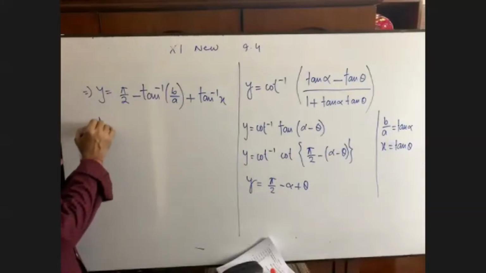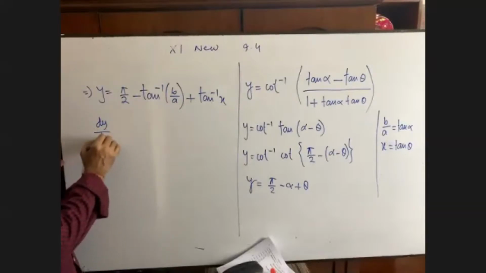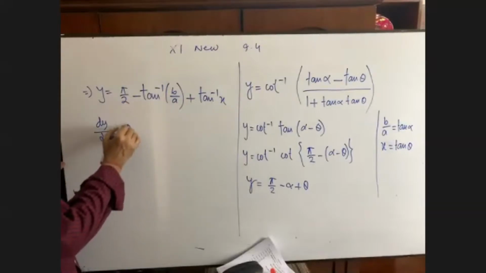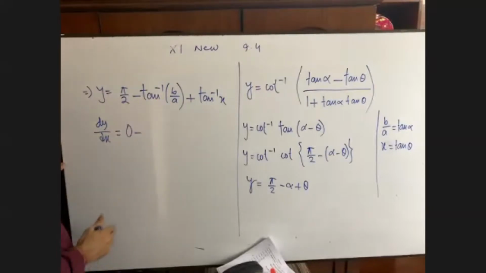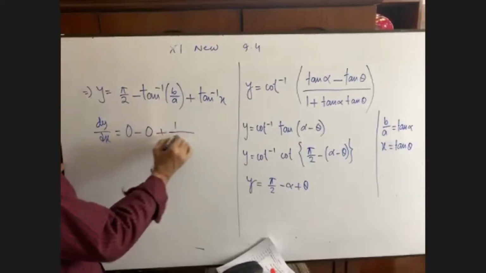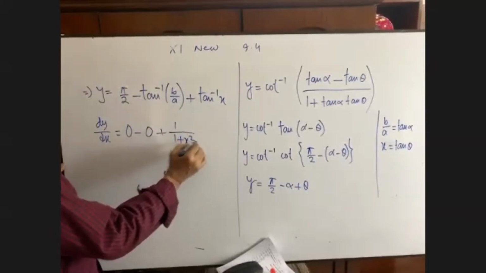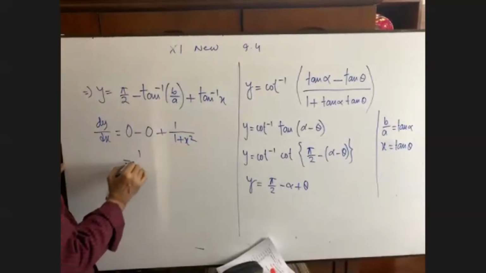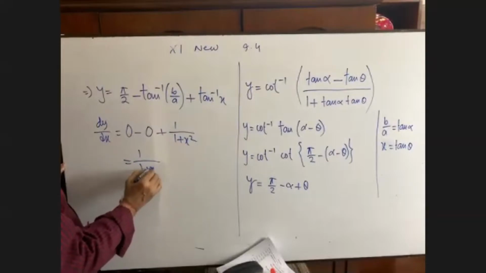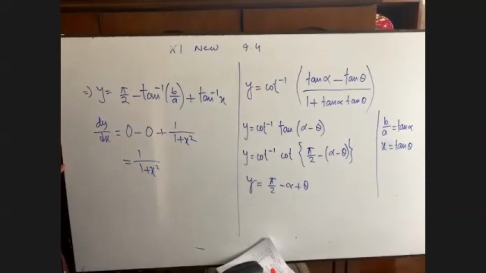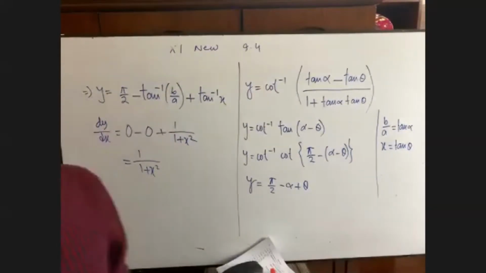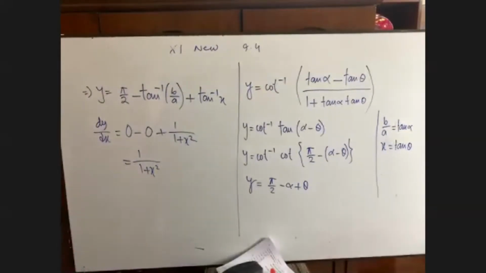Now dy by dx is 0, since there is no x there, plus 1 by 1 plus x square. Can you remember that I wrote the answer? Talk to me. Yes, sir.